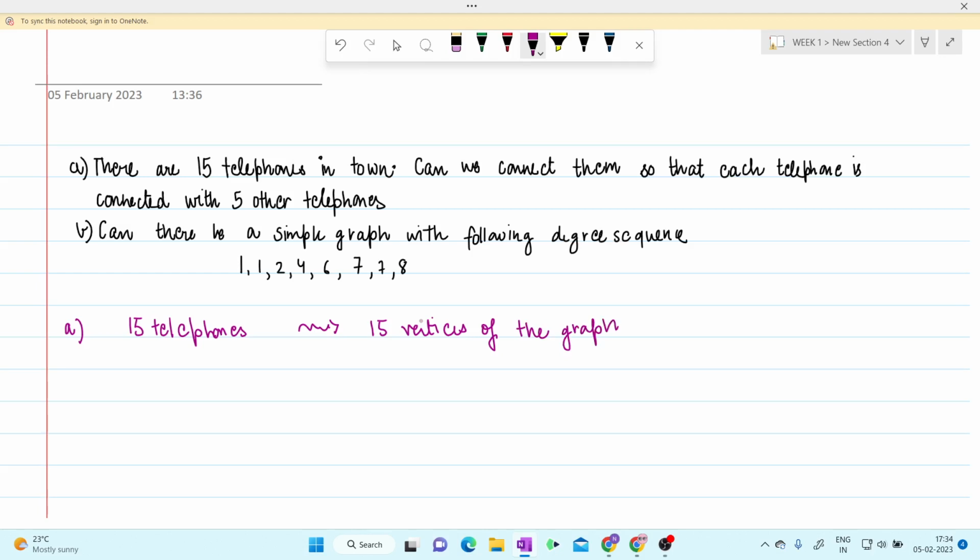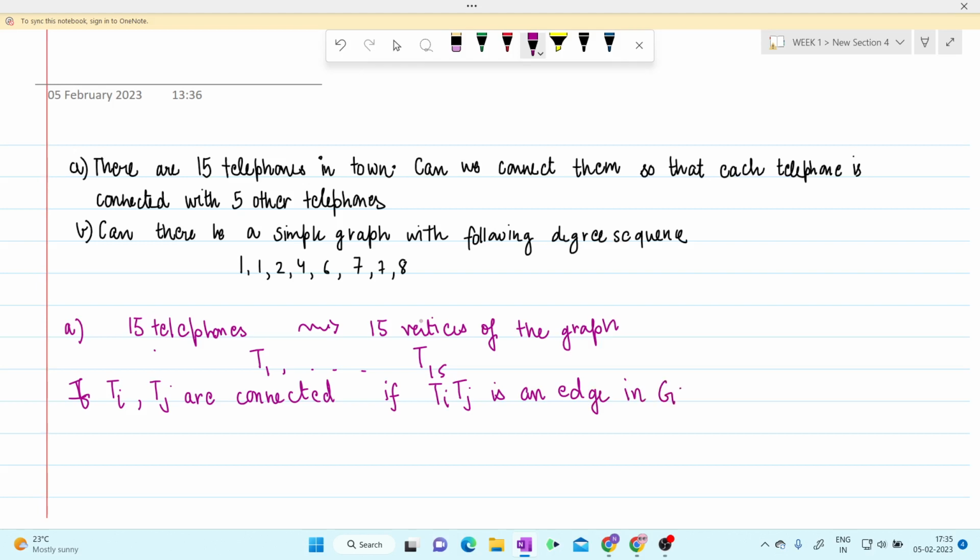We call them telephones T1 till T15, and if Ti and Tj are connected, then TiTj is an edge in G.